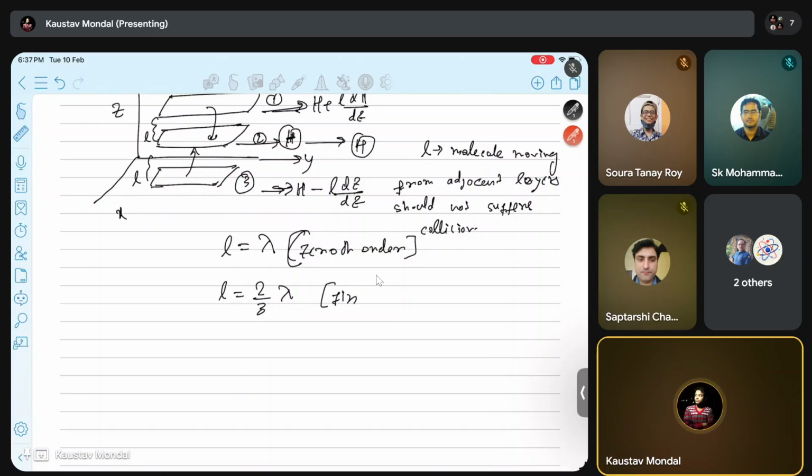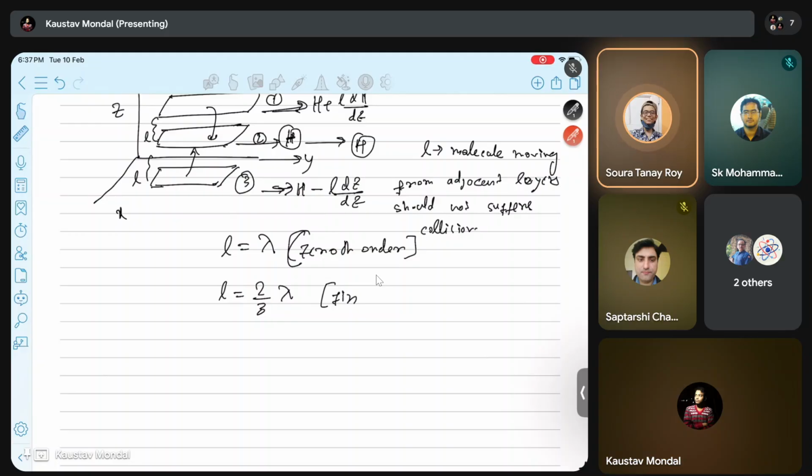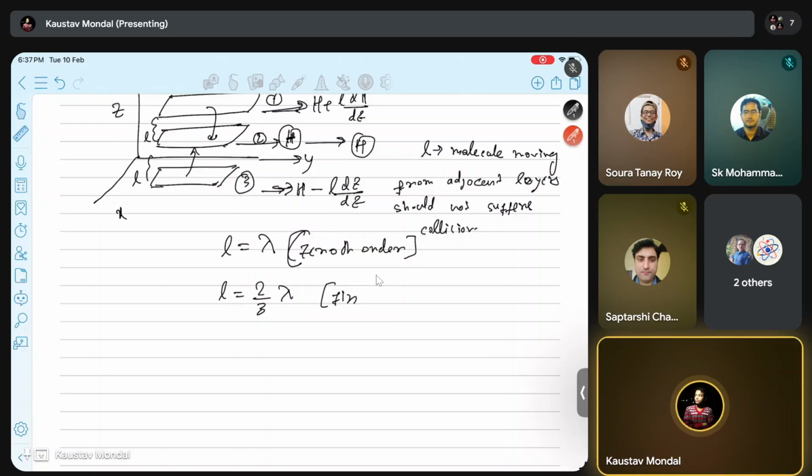First order correction, second order correction, is it done in the standard textbook? No, I am thinking about research, can it be done? Maybe it can be done, but it involves a lot of complex mathematics. I don't know actually.